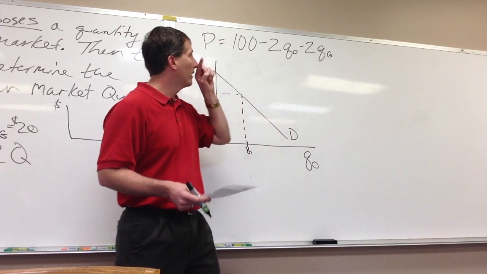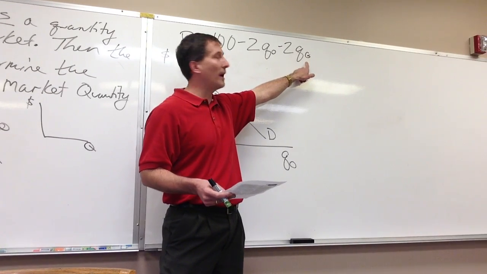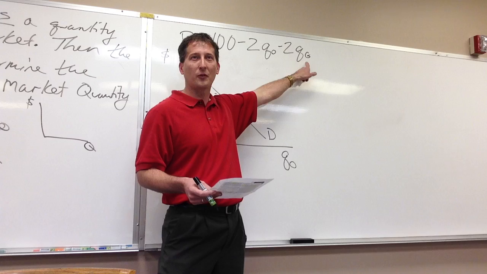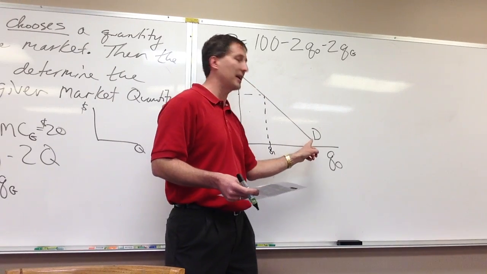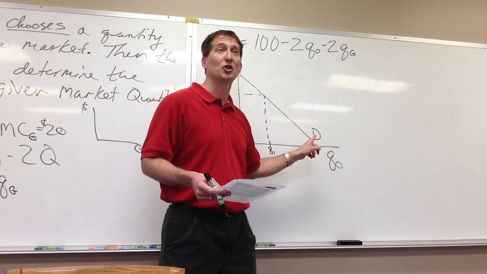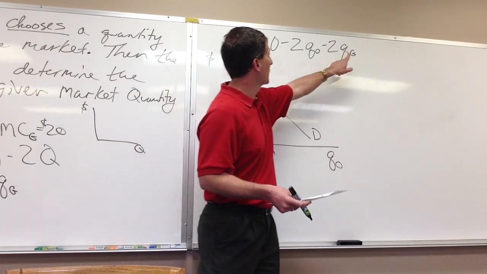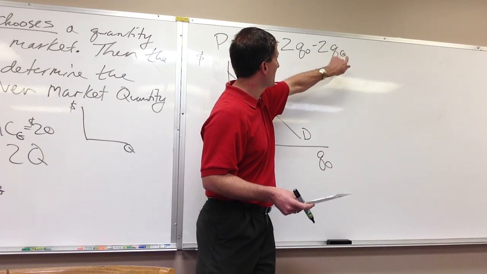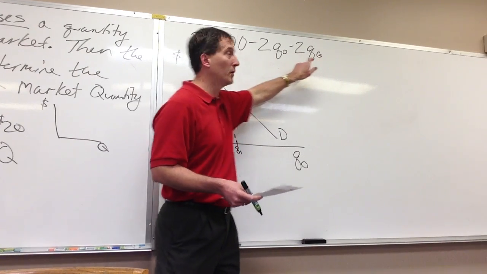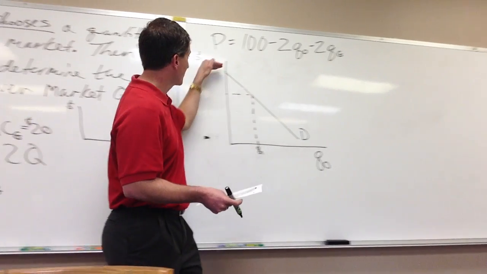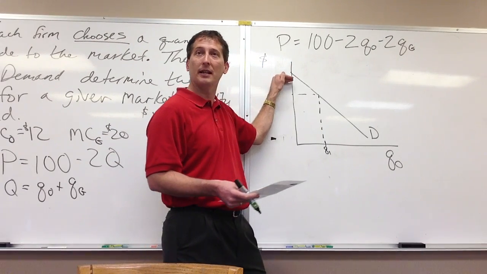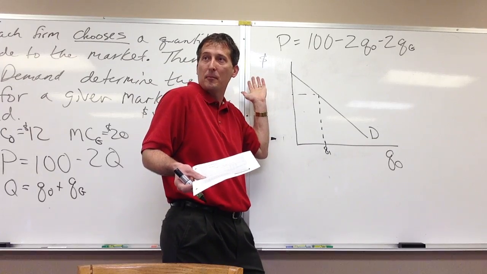And then if Grease Pro's quantity goes up to 11 from 10, what happens to the demand curve? It shifts, right? So if we go to 11, 2 times 11 is 22. 100 minus 22 is 78. My intercept just dropped from 80 to 78. It's a shifter at that point, right?